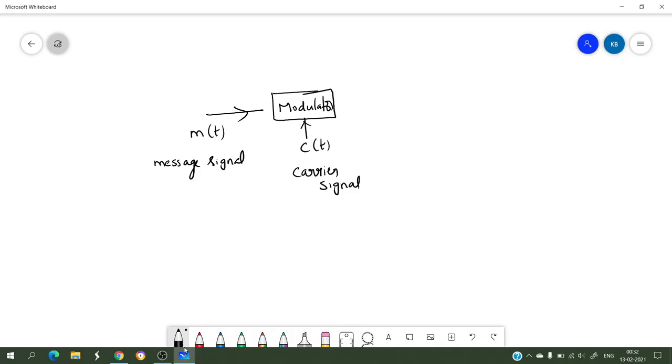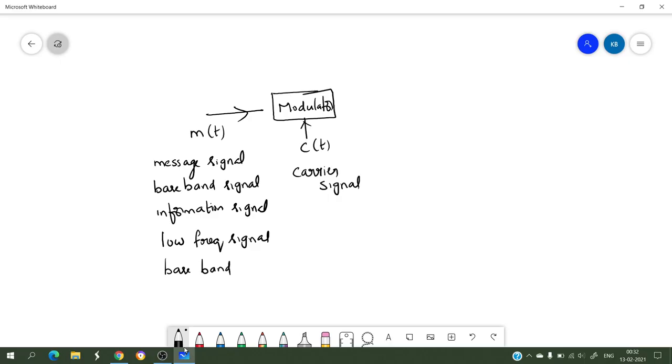The other name for this message signal is baseband signal, and there is one more name, information signal, or we can also call it a low frequency signal. We can also call this m(t) a baseband signal.